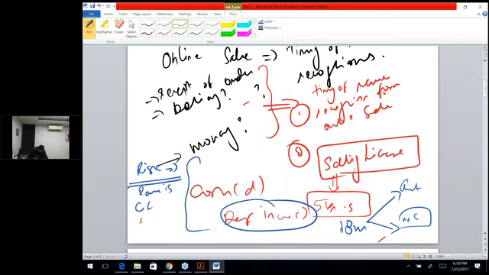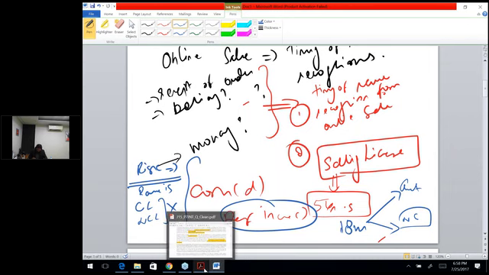So the current liability and non-current liability split is not done. That's another risk. Now let's move forward.